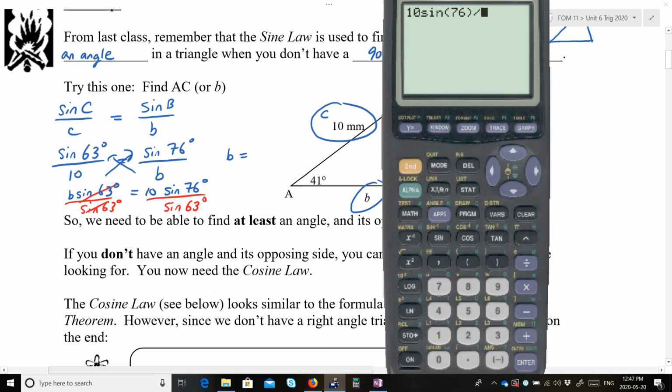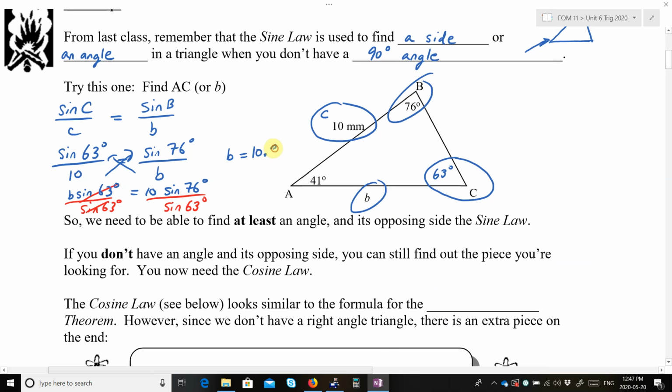Sine 76 divided by sine 63. Bang, 10.9. Okay, so we get B is equal to 10.9 millimeters, and that is a review of the sine law.